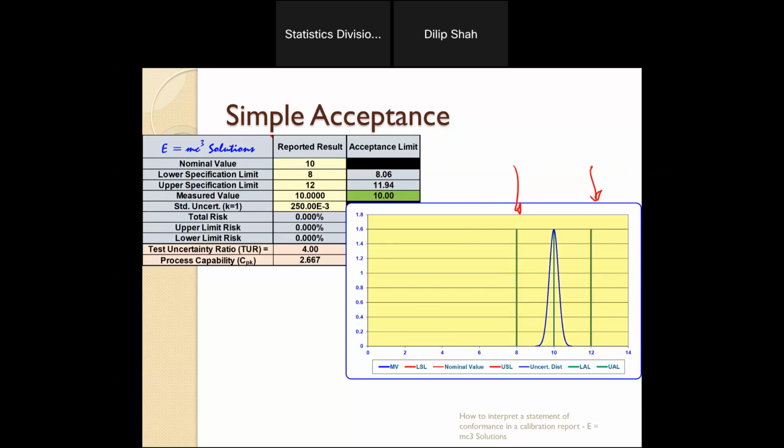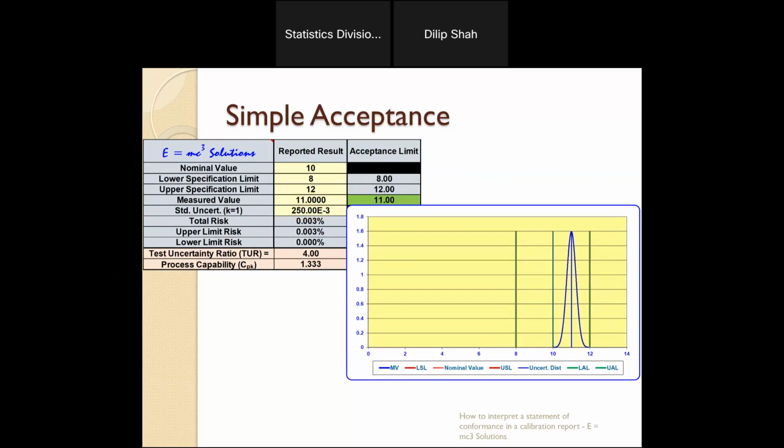Yes, it is in. And the measured value is exactly 10, right at the nominal value. The measurement uncertainty is this 0.25. And I always like to look at pictures, and I say, well, that is a good measurement. Simple acceptance, meaning not taking the measurement uncertainty into account.